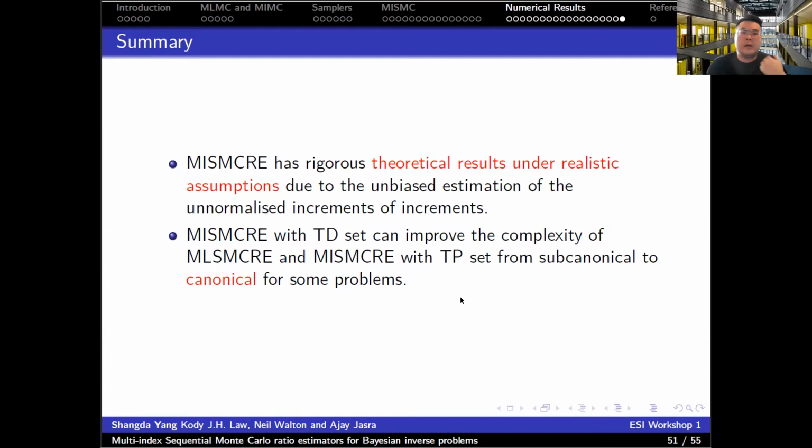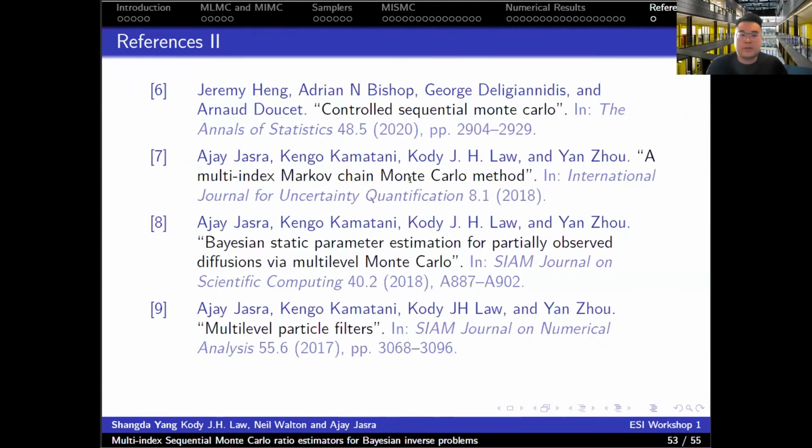Another summary is that with this method, under the total degree index set, we can improve the complexity of multi-level or multi-index with the TP set from subcanonical to canonical. This can also be applied in higher-dimensional PDE examples, and also get the canonical rate as long as the theory can be satisfied. And here are some references.